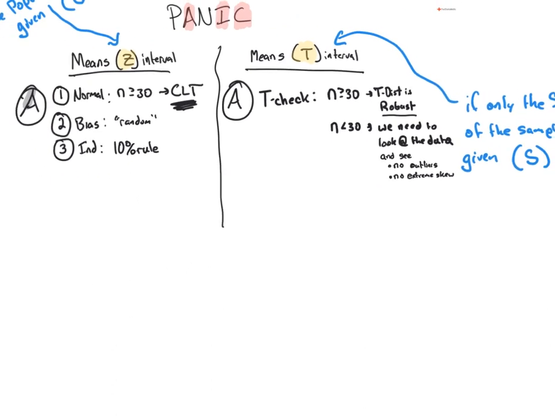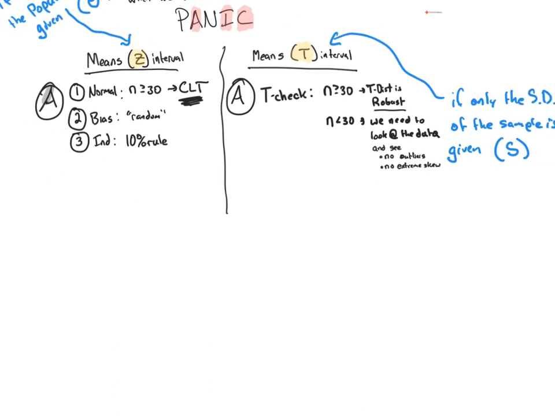Very much like a z interval, it's got a check, then number 2, a bias check, and number 3, an independence check. We know those are exactly the same, so we're looking for random and for the 10% rule. So it's a slight difference so far.